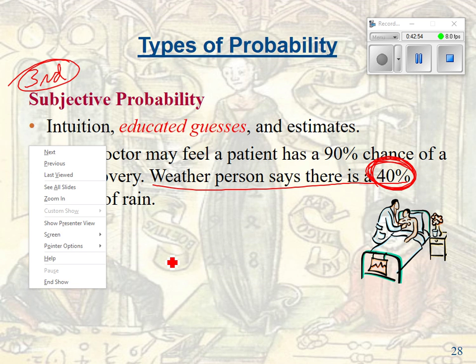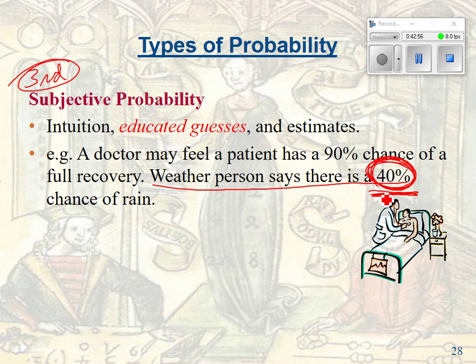Now, where do weather people get that 40% from? Yeah, that's true. Watching conditions that have happened before. Exactly, and that's what they do. They look at, hey, if the humidity is this number, the sky is at this level, and so on.